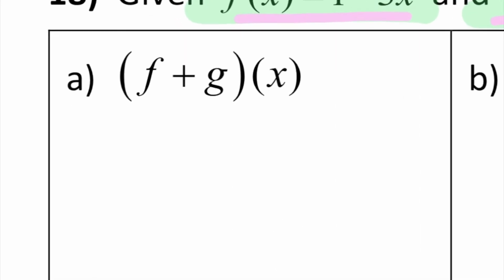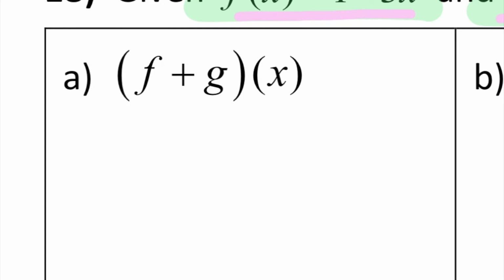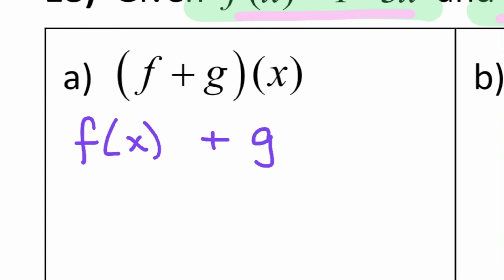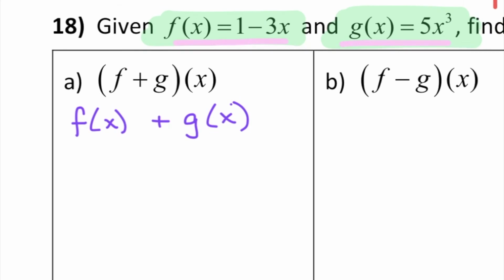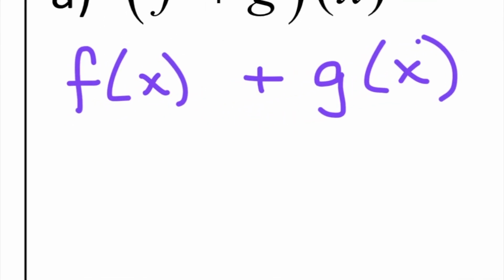So if I ask you to say f plus g of x, the first thing you want to do is say, well, I'm adding f of x plus g of x, and then substitute using the functions given for f and g. So f is 1 minus 3x, and g of x is 5x cubed.